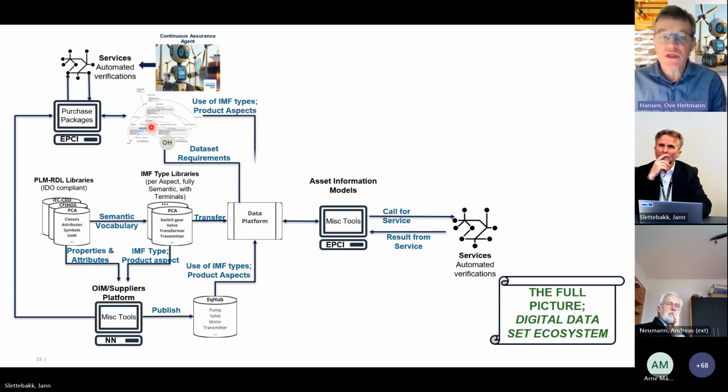And when we have chosen this equipment that actually fulfills our design, this becomes a part of our bigger asset information model, putting in place instantiated product aspects, data sets that represent a specific equipment.